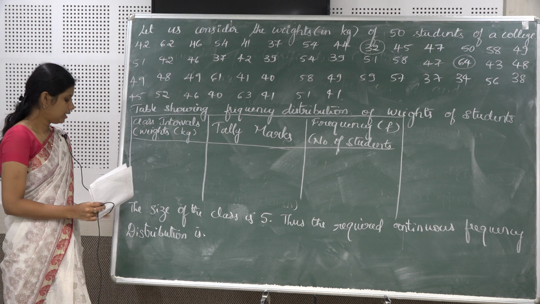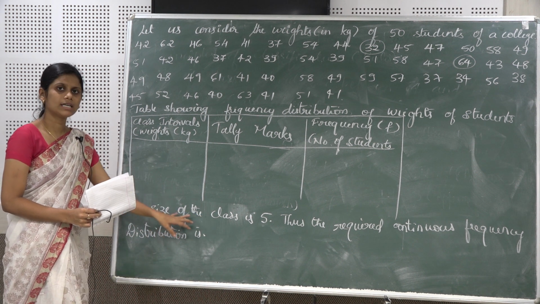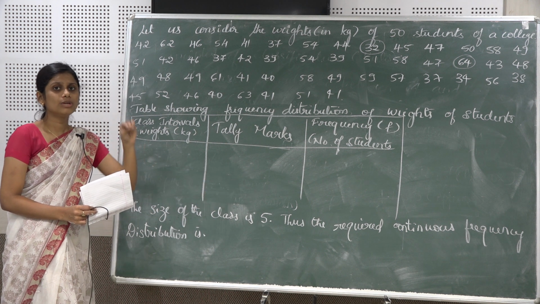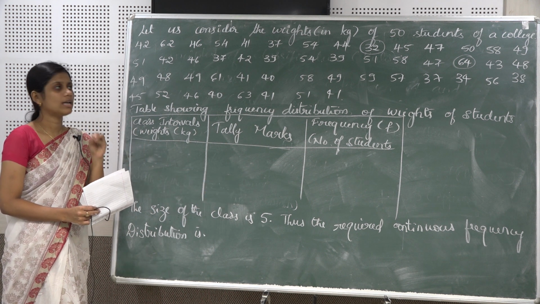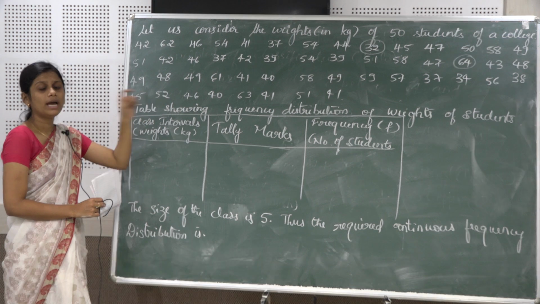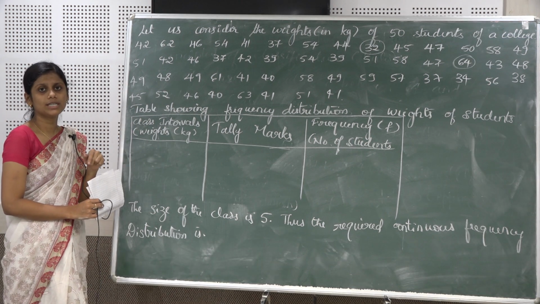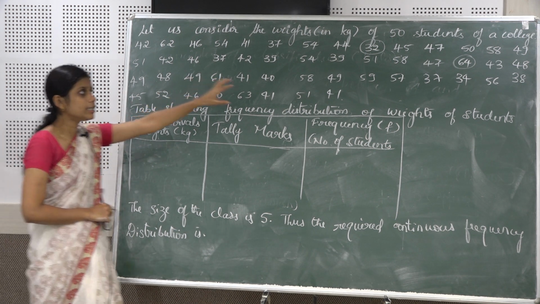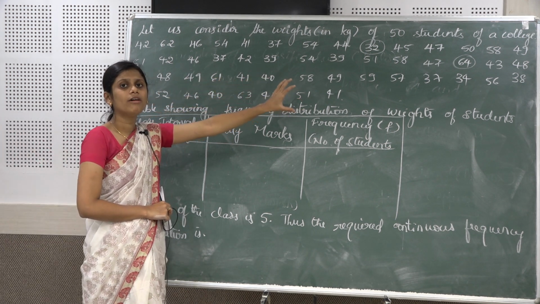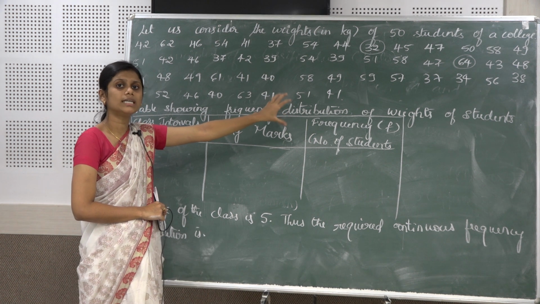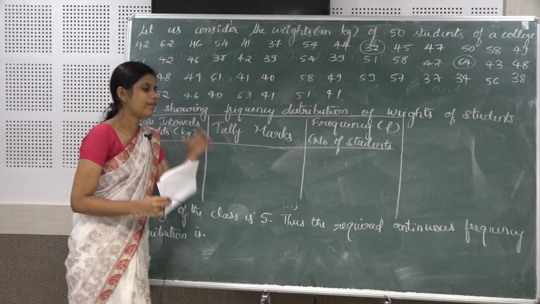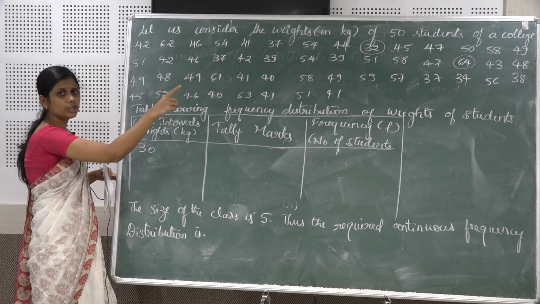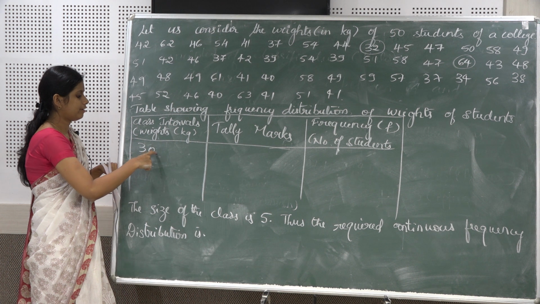Here the size of the class is 5, so 5 units we consider in one class. The lowest value is 32, and one more principle of classification is that lower limits of the classes should be multiples of 5. 32 is not a multiple of 5, so we start with 30, which is a multiple of 5.